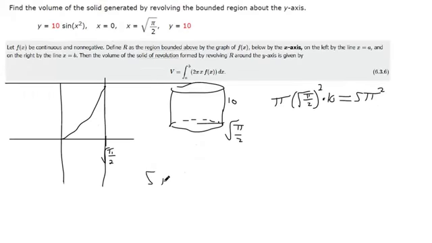So it's 5 pi squared, the big region, subtracted by the integral from 0 to square root of pi over 2. For the method of cylindrical shells, it's 2 pi x times 10 sine x squared.